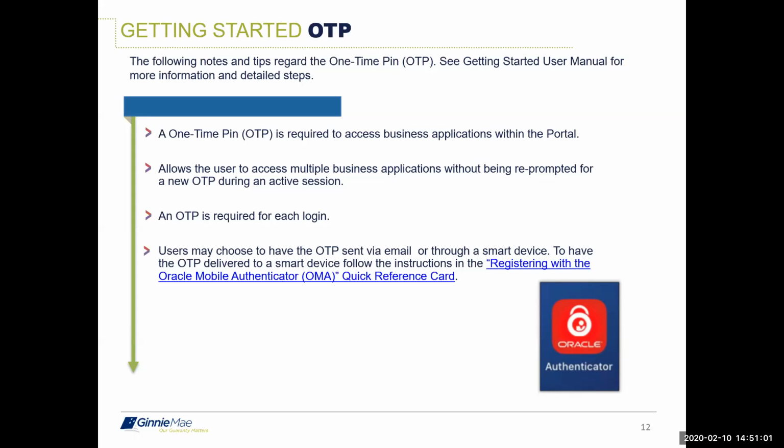Now, every time you log into the portal, you will have a choice, whether you want that OTP sent to an email address or you want that OTP generated on your smart device. So it's not an all or nothing. You'll have a choice, but I do highly recommend installing that Oracle Mobile Authenticator.